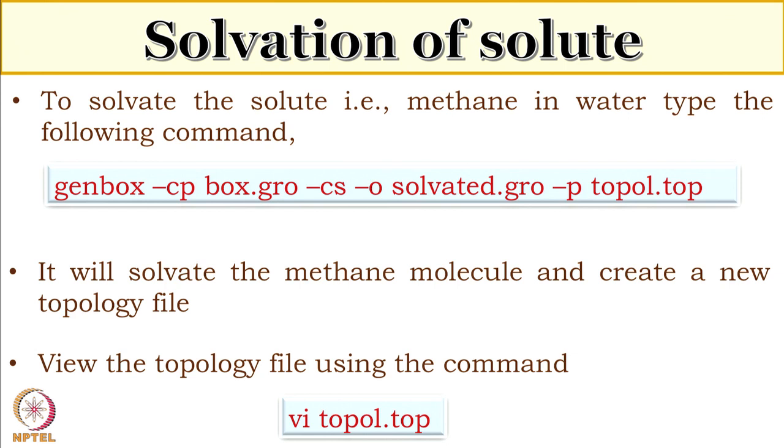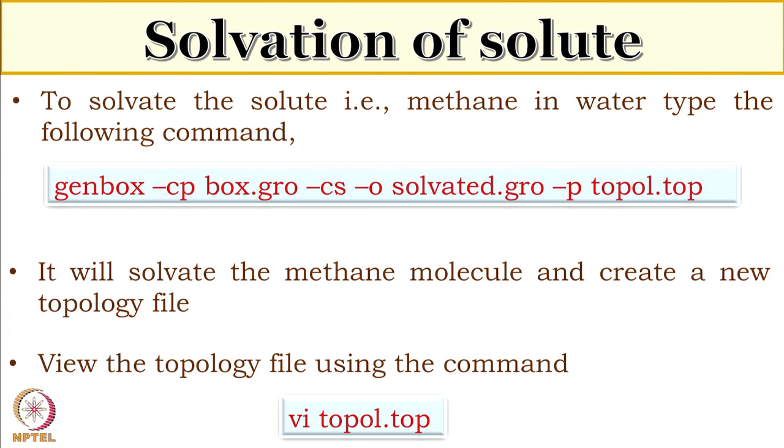Why do you have two of these next to each other, -cs and -o? -cs is used for the solvent input, and when you download GROMACS, there is already spc.gro downloaded automatically. So it will take the spc.gro file from GROMACS, and -cp is for the solute size.